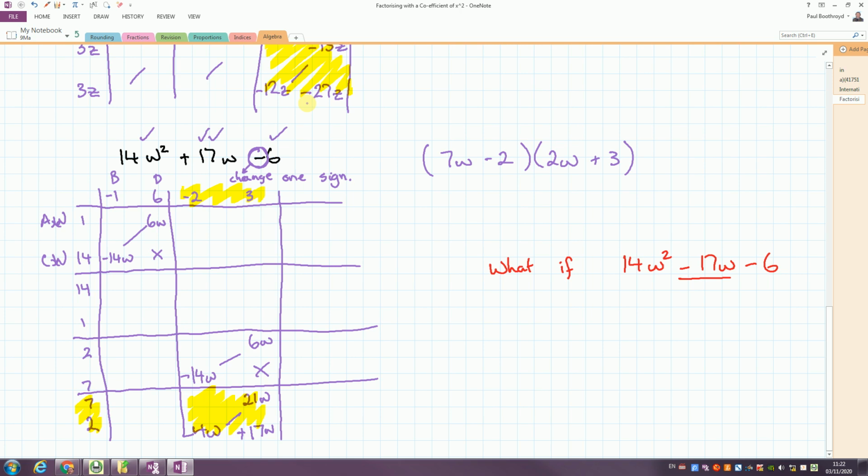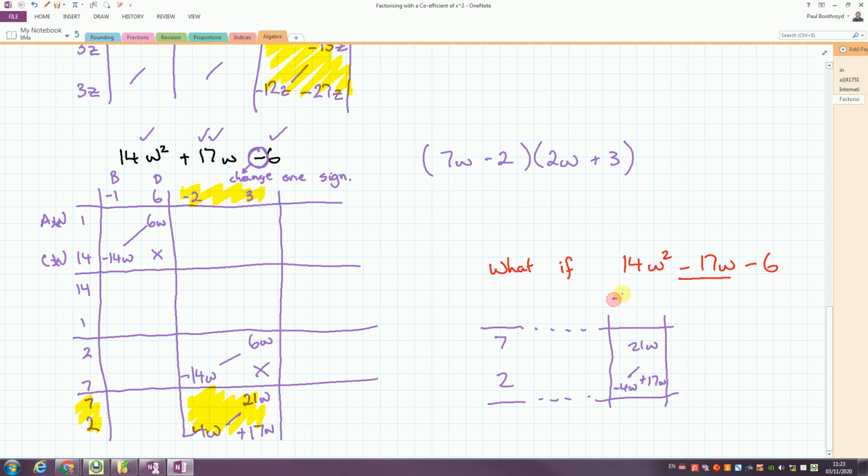Yeah, it's -6. If this had come out and we wanted this minus, the only thing I need to worry about is the bits I've highlighted there. And I've got a 7, a 2, and above it, now I've got the 21W and the -4W. And I've got 17W left.